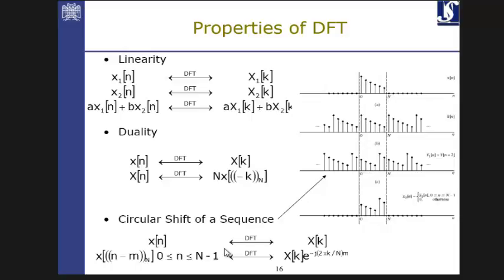Then it means that these 2 samples from the beginning are actually going to the end. So just take this from this side and bring it from the other side. N plus 2 is shifting to the back.